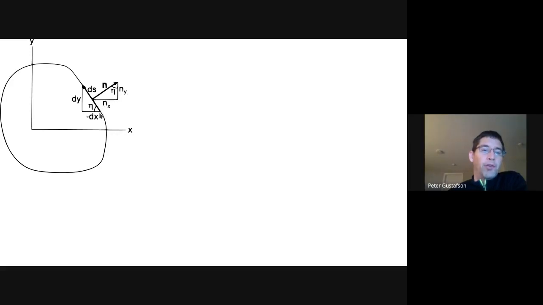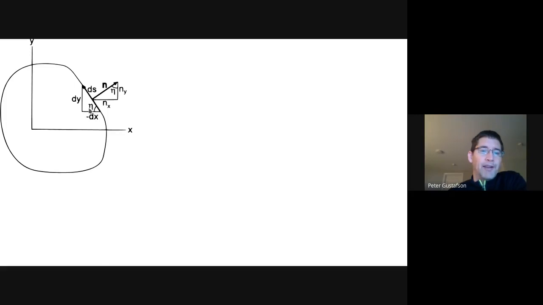Obviously, it has components in the x and the y direction. We can also define an angle between nx and ny. And just due to simple geometric arguments, the angle eta, which is present here, is the same as it is present here.